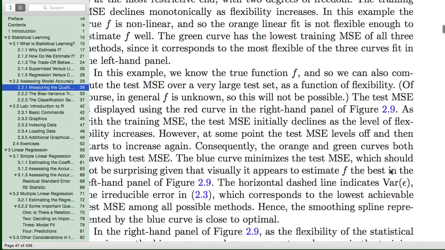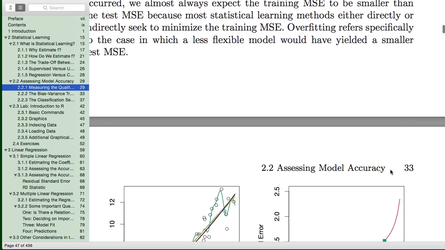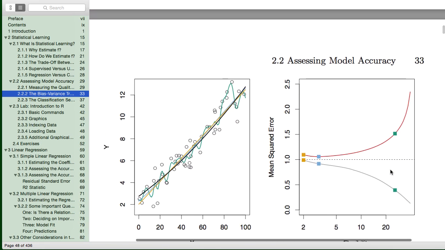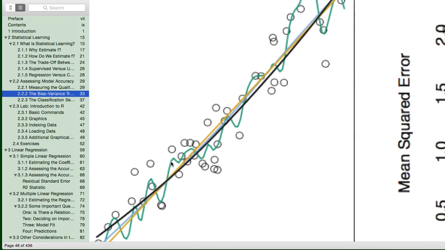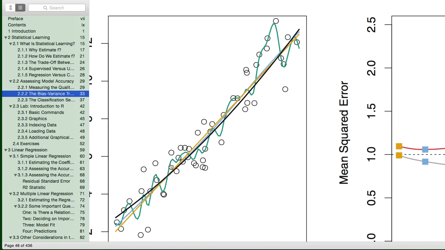This is another cooked up example. And in this example, the reality is a straight line. The reality is best fit by the linear regression curve. The blue line is a smooth spline method that's similar, and the green line is again a smooth spline that's very flexible, so it's very tightly fit to the training data.